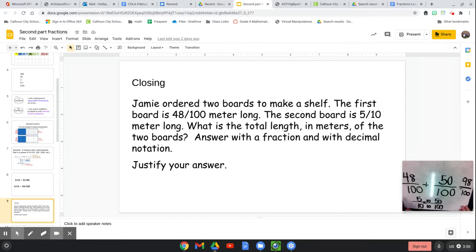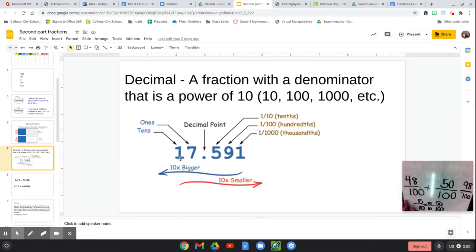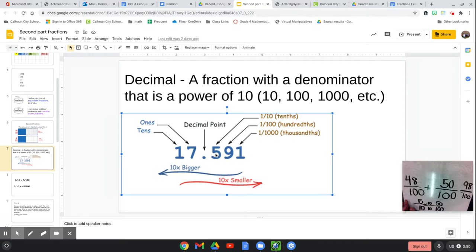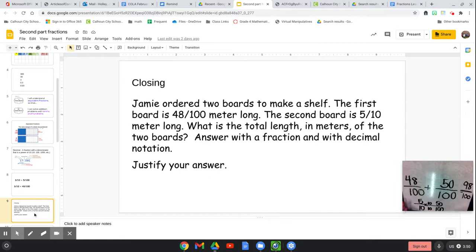Now it told me that I have to write it in decimal notation. Well, let's look back here. So tenths goes right here. Hundredths go here. So if I have 98 hundredths, my answer would have a 0 in the ones place.